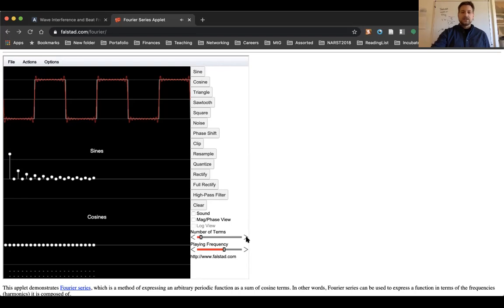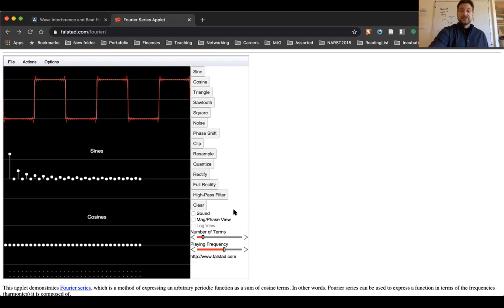Just add a bunch and see what this sounds like. You get this really sharp sounding, electronic sounding tone. Okay, that's enough of that.